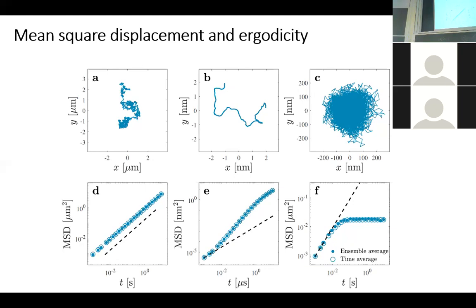This behavior is represented here with the black dashed line. If it scales larger than linearly, which means the slope in this plot is higher than 1, the particle is superdiffusive, which means it is displacing faster. Its square displacement scales faster than t with time.